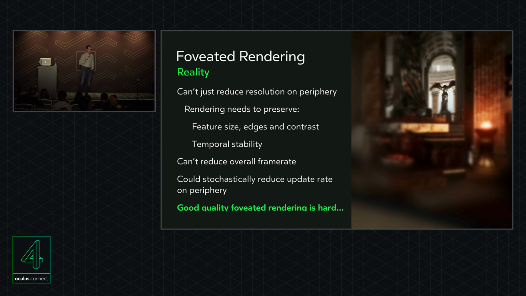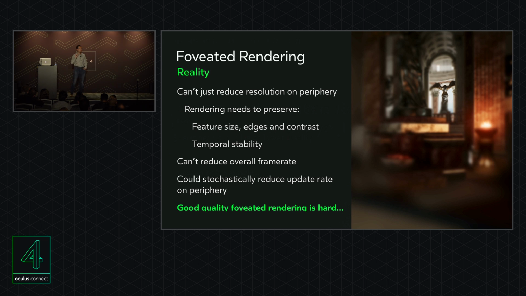The rendering needs to preserve certain features on the periphery: edges, contrast, feature size, and so forth. Also, the render needs to provide some temporal stability. The other interesting thing is that we cannot reduce the overall frame rate. However, we can stochastically reduce the update rate on the periphery.